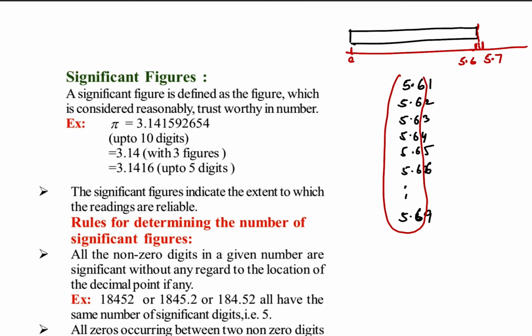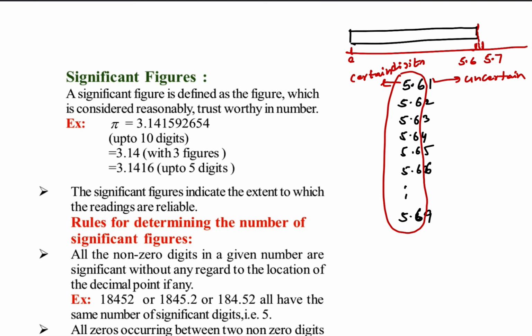Now in this reading, from 5.6 to 5.61 to 5.69, we can see 5.6 is certain. The last digit is uncertain.